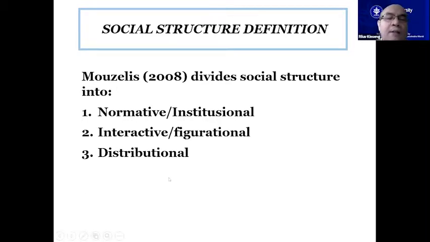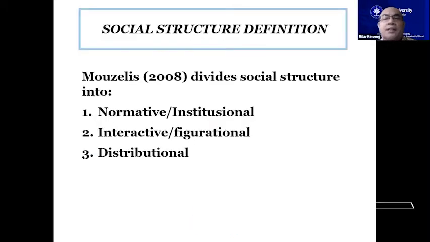But basically these 3: one is normative institutional, which I think all of the presenters already mentioned. And then interactive figurational, also already explained by the presenters and in the discussion we have had here. And then the distributional. So 3 types of social structure argued by Nikos Mouzelis in his book.